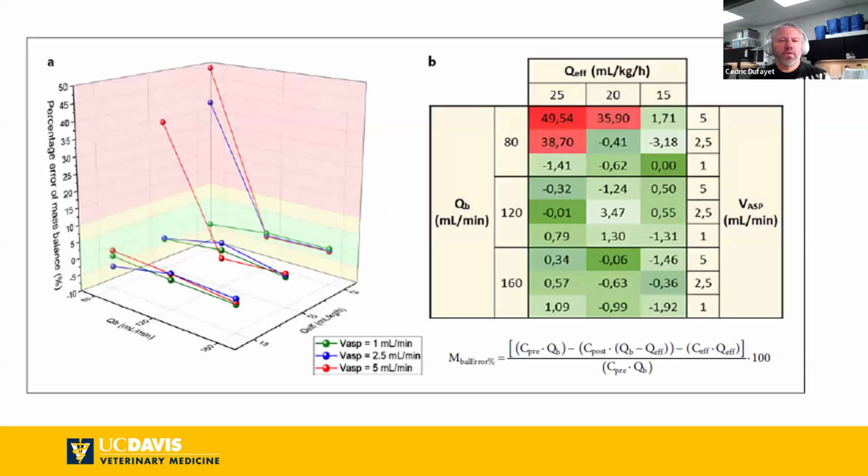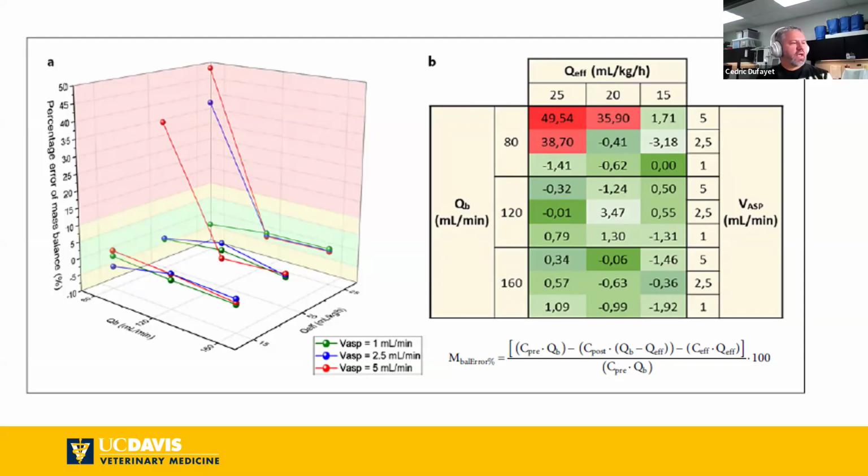And here are basically the results of the study. So it's kind of a busy graph on the left, but basically your y-axis is your percentage error of mass balance. You've got your QB as an X and your Q effluent as a Z-axis.